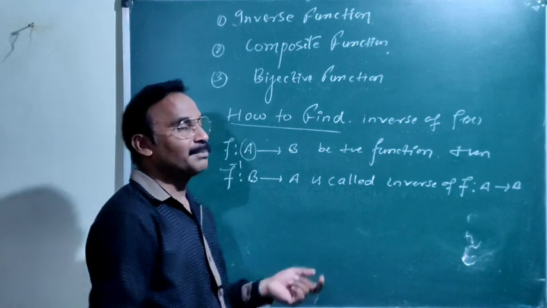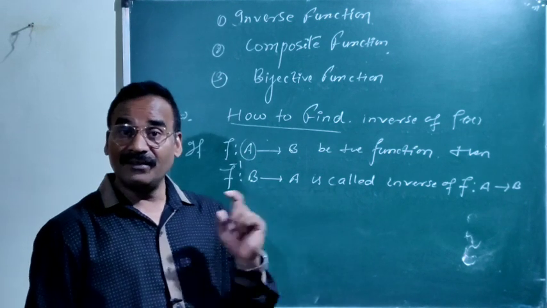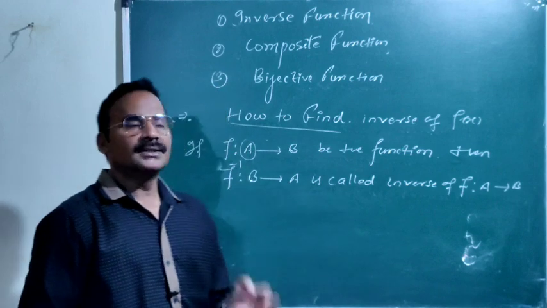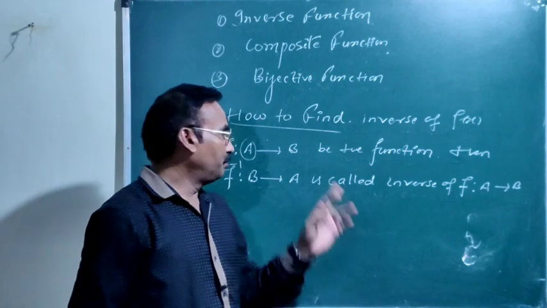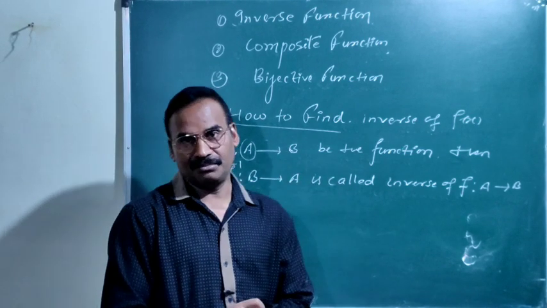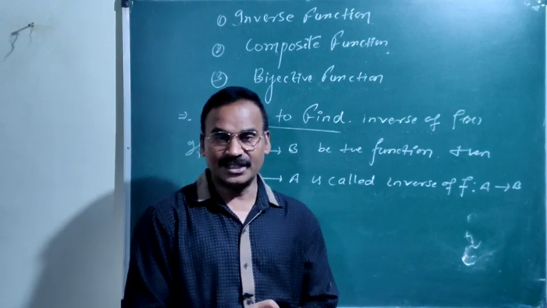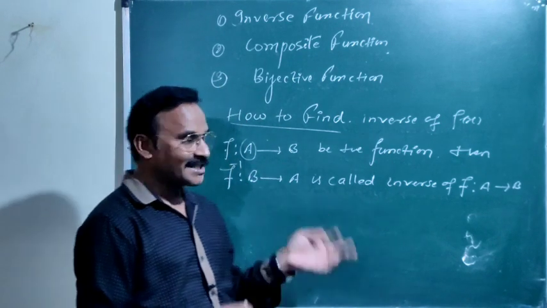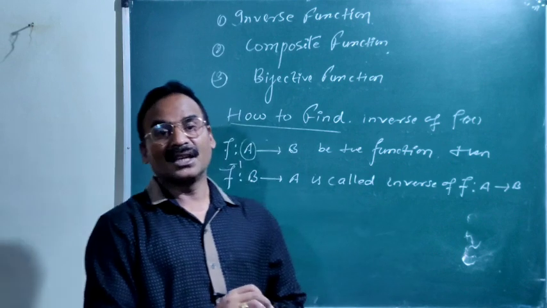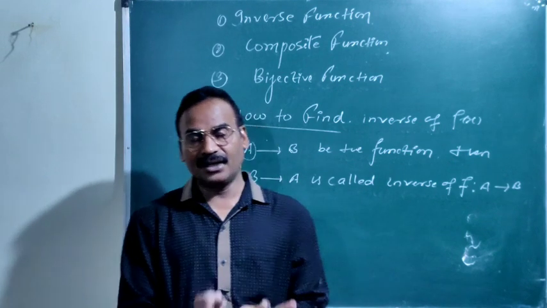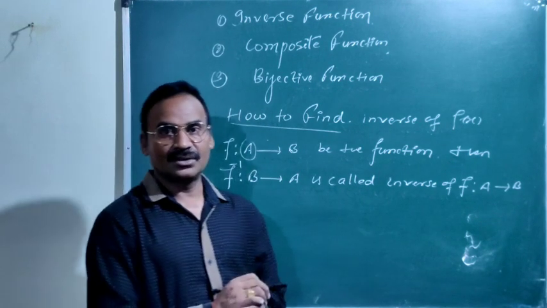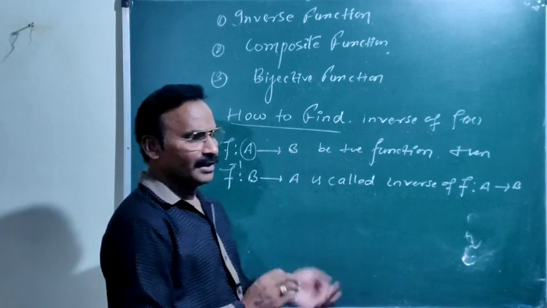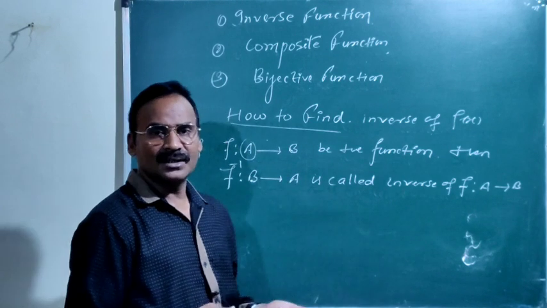But if it is a bijective function, then 100% B is the set of range, because in bijection the codomain is equal to the range.